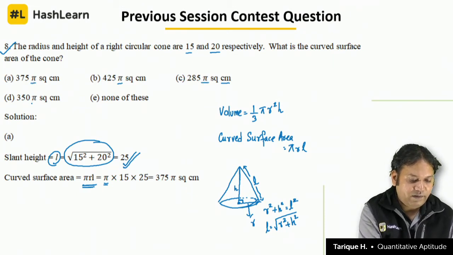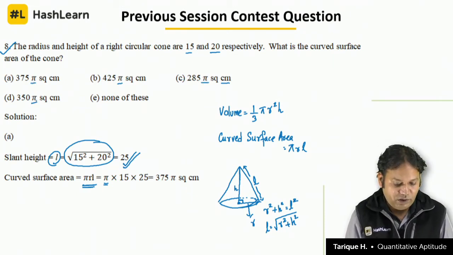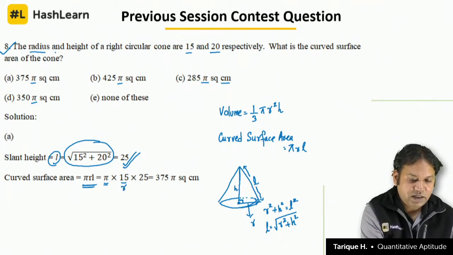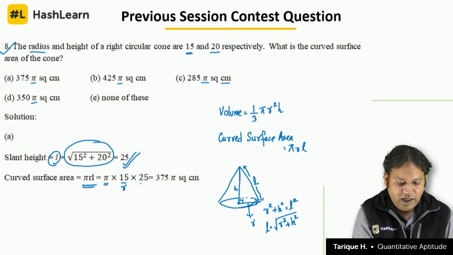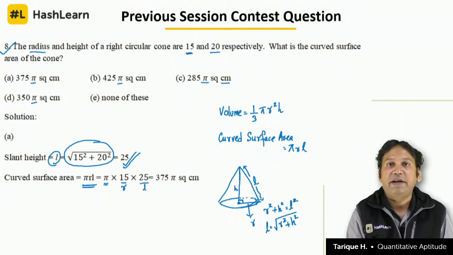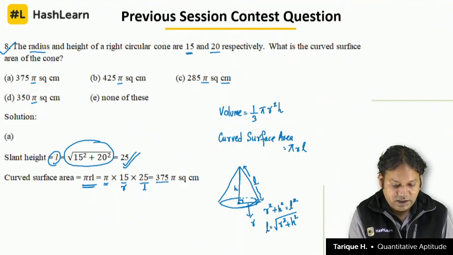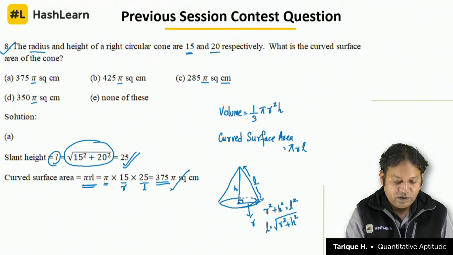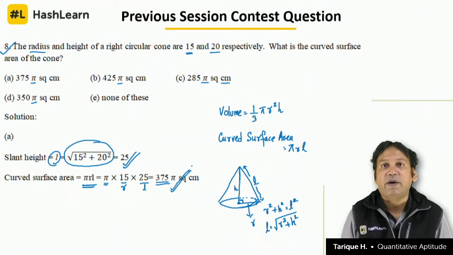We don't need to put the value of pi as 22 by 7 or 3.14. The radius is 15 and the slant height is 25. When you multiply 15 into 25, the answer becomes 375. So that is how we get the answer for this particular question, 375 square centimeter.